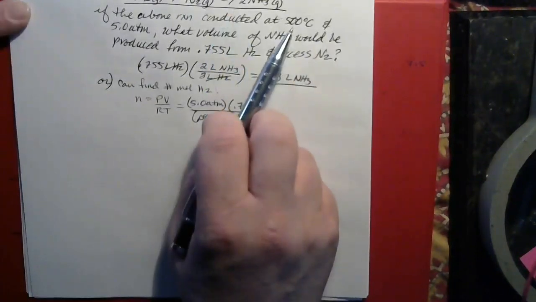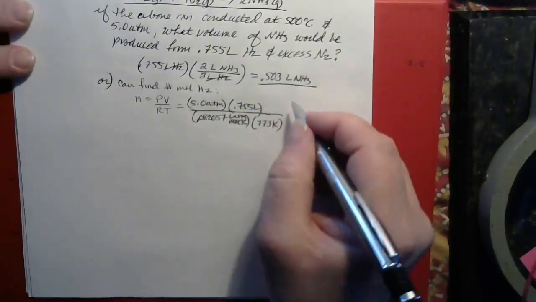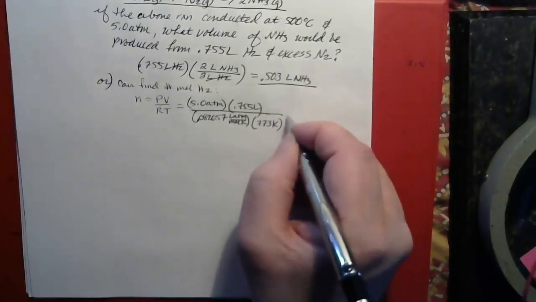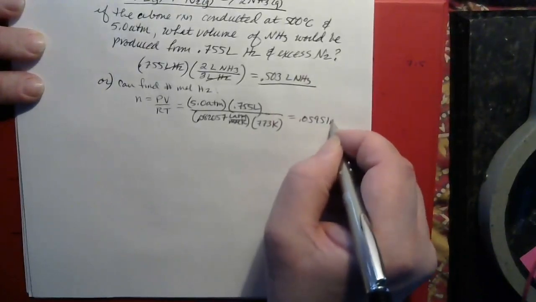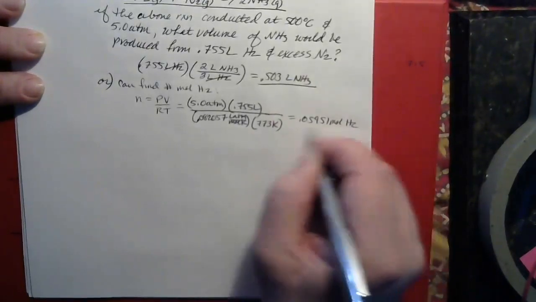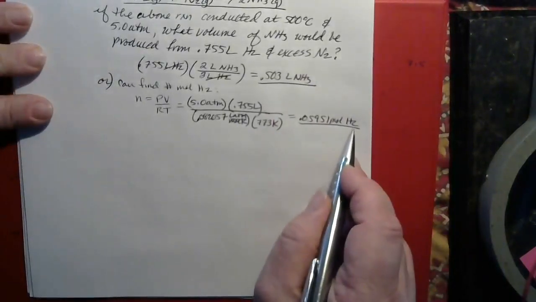It was 500 Celsius plus 273, that's 773 Kelvin. And that tells us that we produced 0.05951 moles of hydrogen.